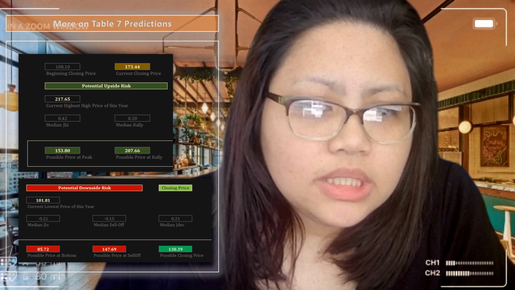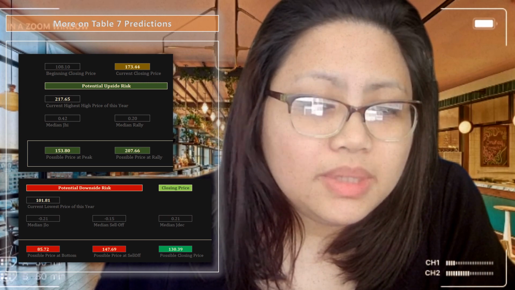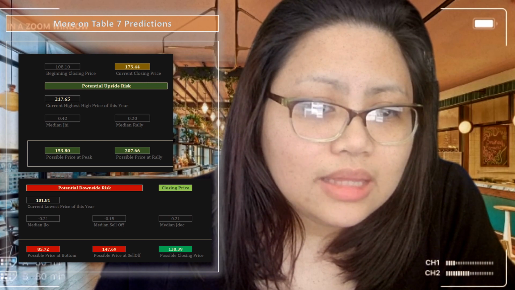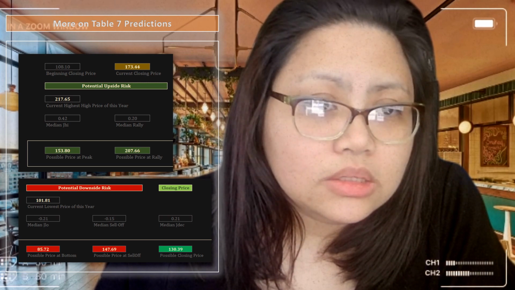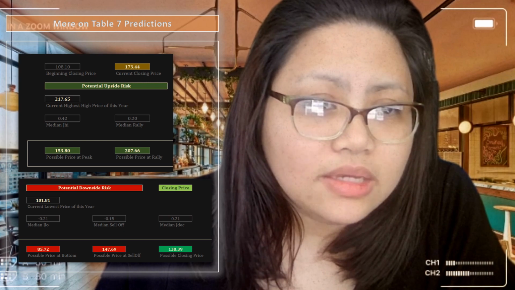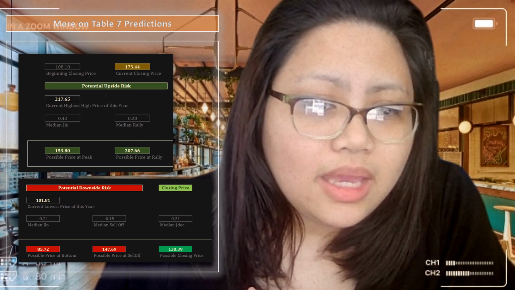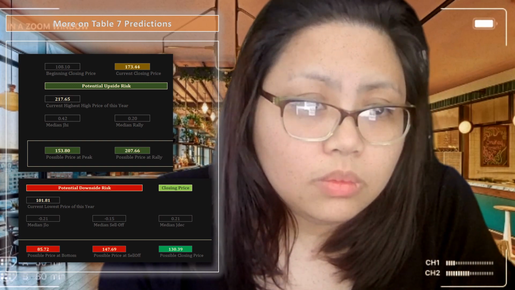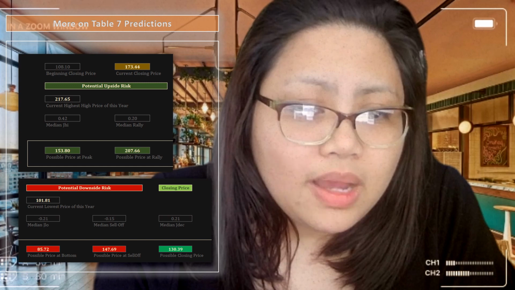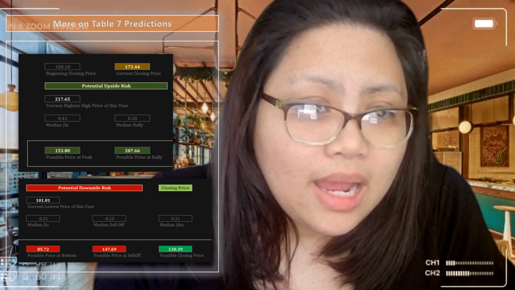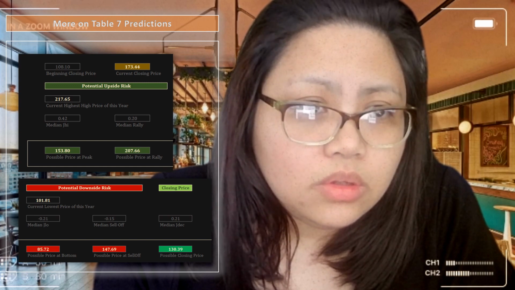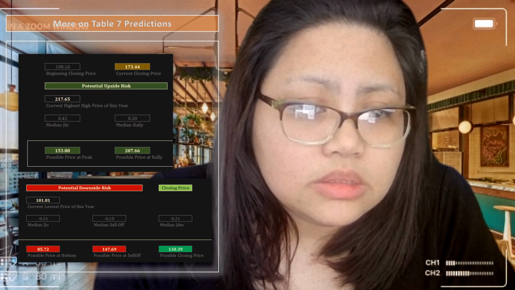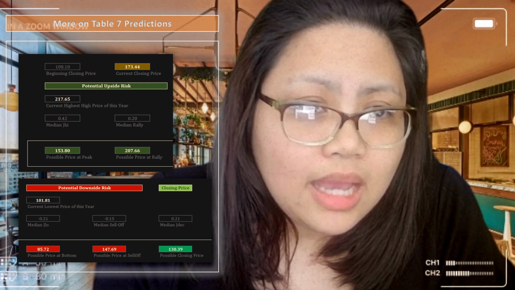We are using the beginning closing price, and then use the median January to the highest price to get the possible price at peak, because that's exactly what we want to get. So possible price at peak would be how high the price could go up. That's why what we use is January to the highest high.